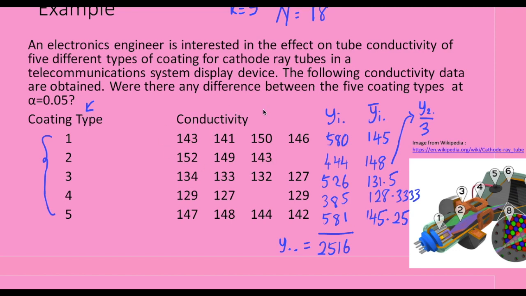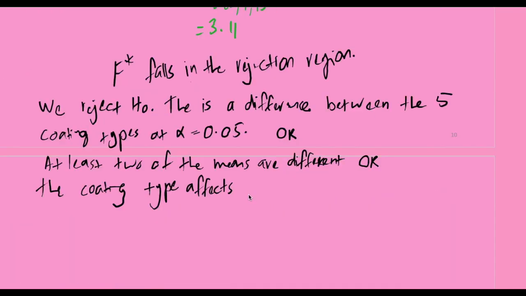Am I right? So the coating type affects the tube conductivity. You could write it as that. But this is closest to the question and I would choose this to answer. Let's look at the next question.